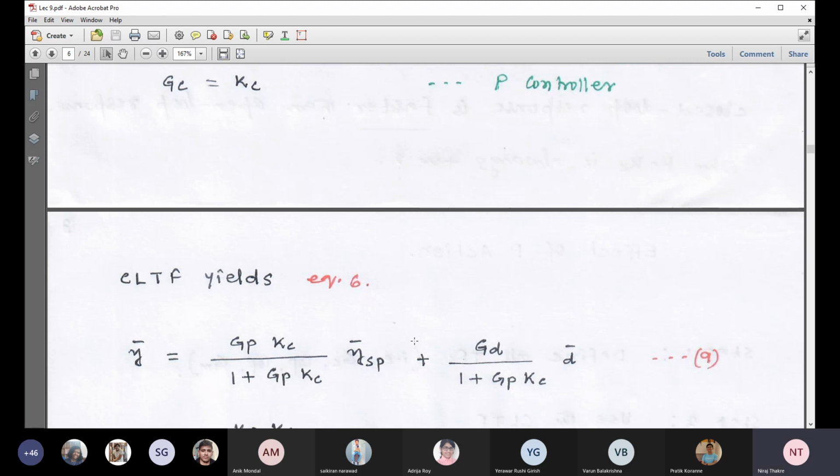If you substitute all these individual transfer functions in equation 6, you will get equation 9.